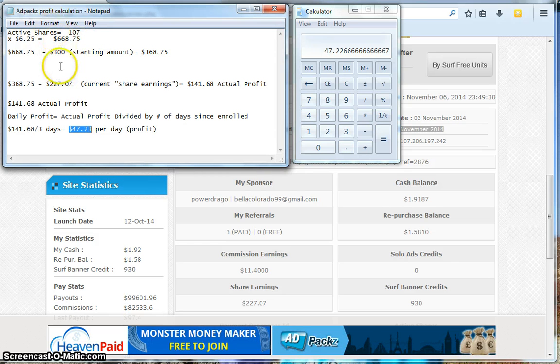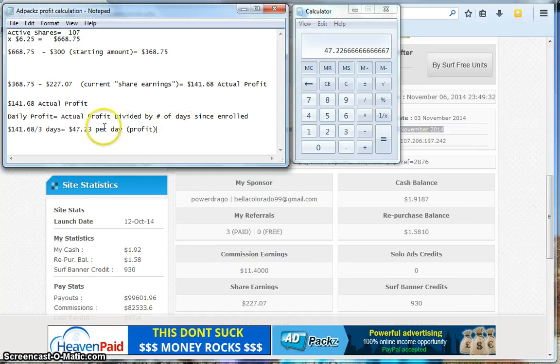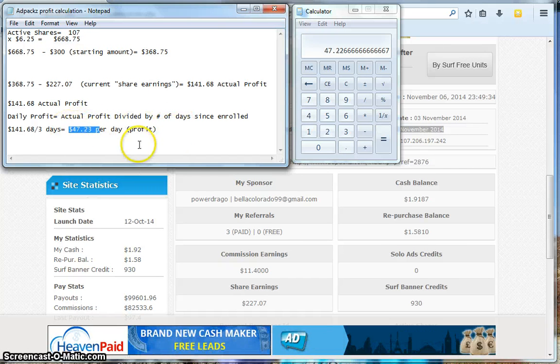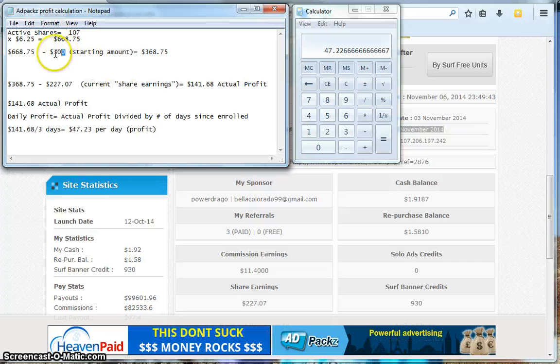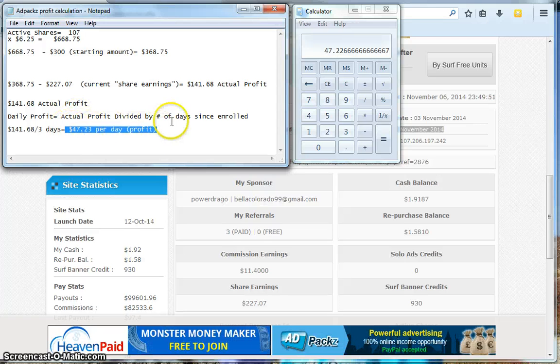So I can actually call it an investment. In this scenario, I'm making $47, just shy of 50, a day to advertise my primary business. So naturally, it behooves me to invest more into this account so that I can increase this daily. But that's not a bad profit if you think about it.